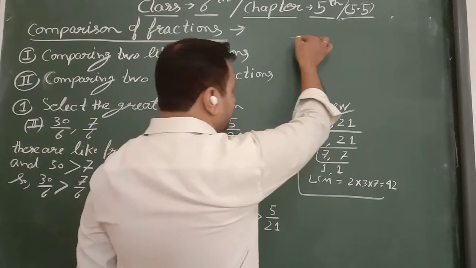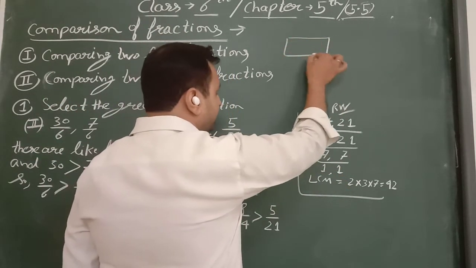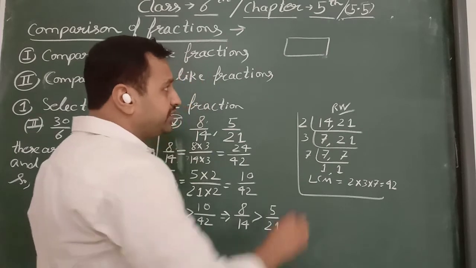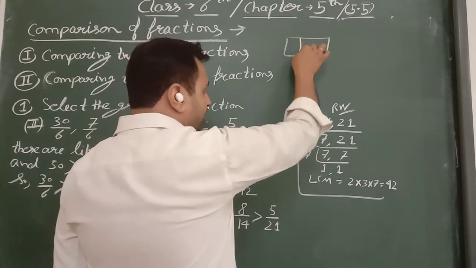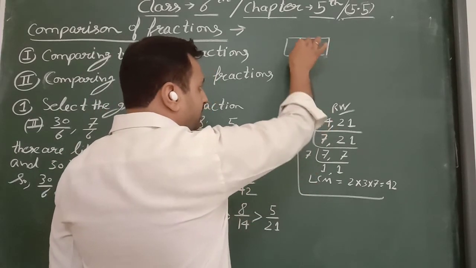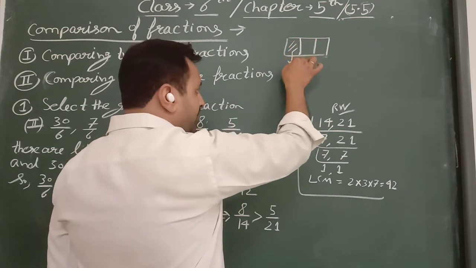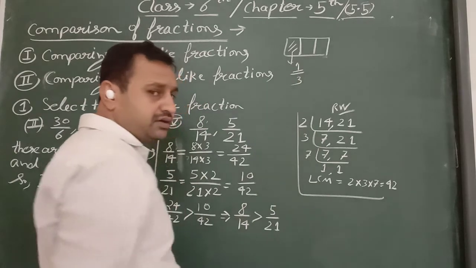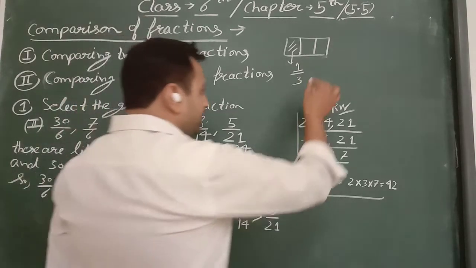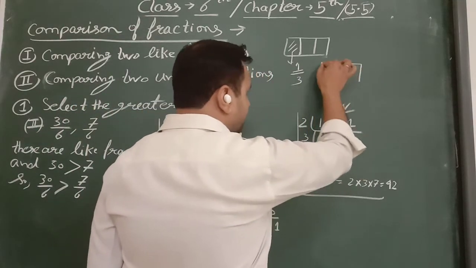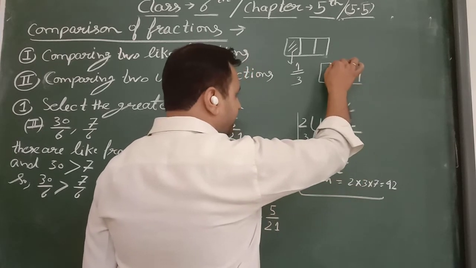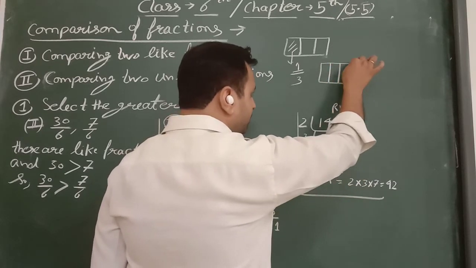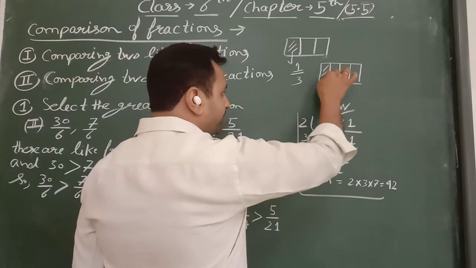Suppose it is a rectangular field and we divide the rectangular field into three equal parts. Then each part is called 1 by 3. It's clear? Now, it is the same rectangular field, but we divide it into 4 equal parts.